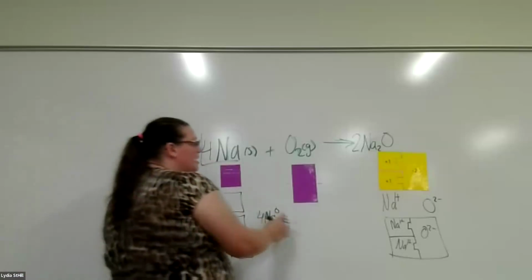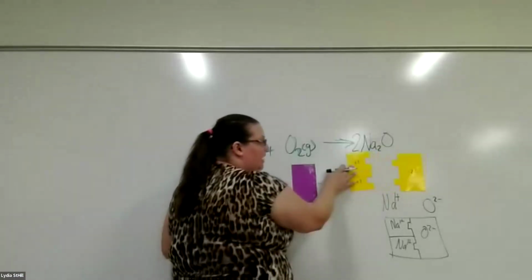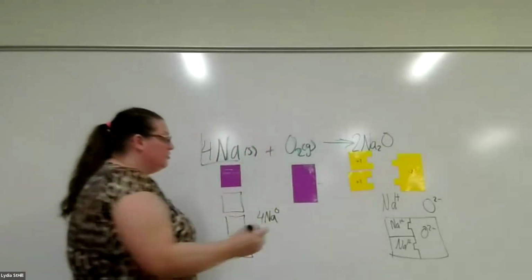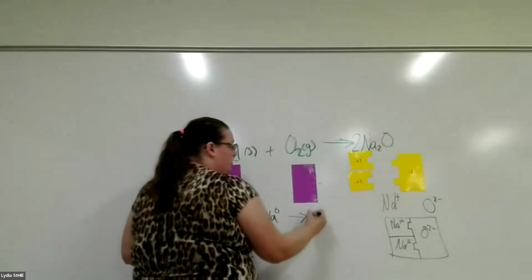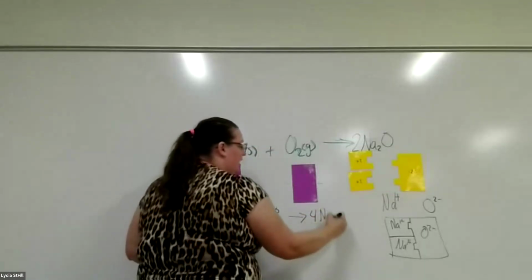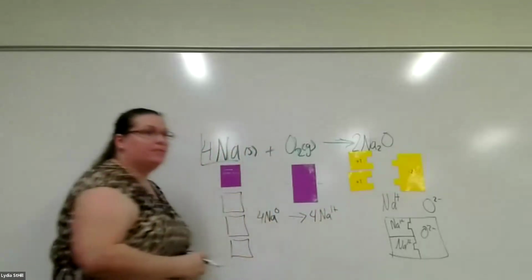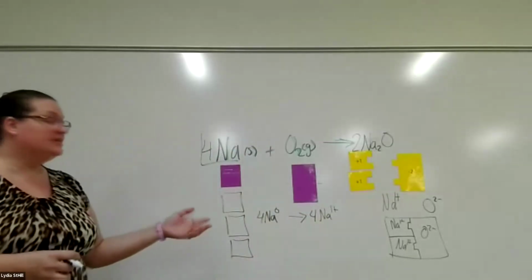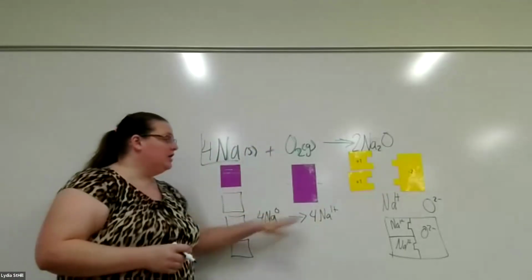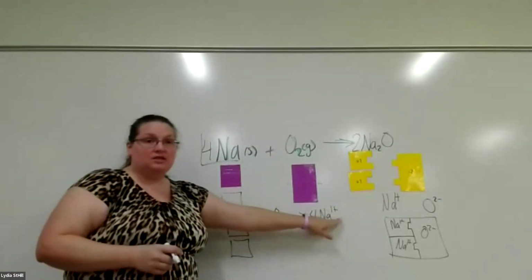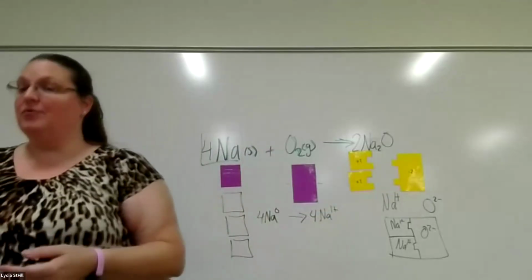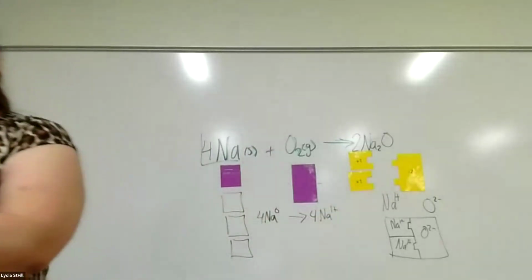Coming over here, our Na are now +1. So we went over here, we got 4 Na with a +1. So we are identifying the fact that we've got 4 that lost an electron. We still have to represent this half reaction and balance it.